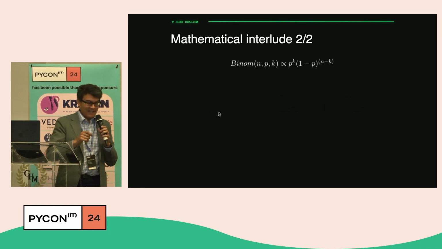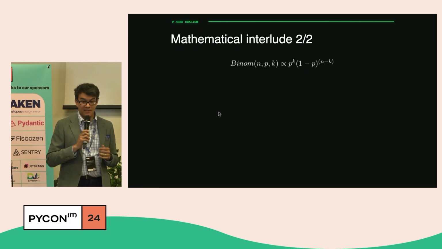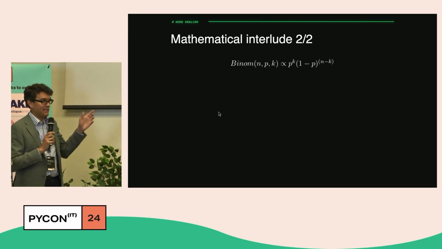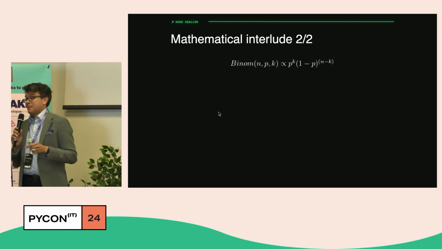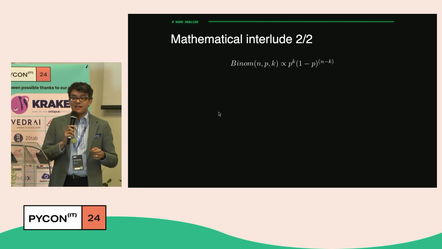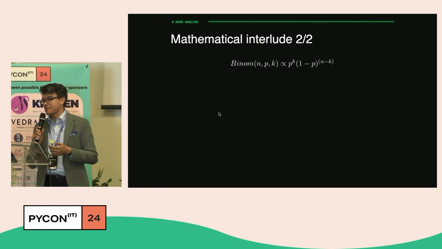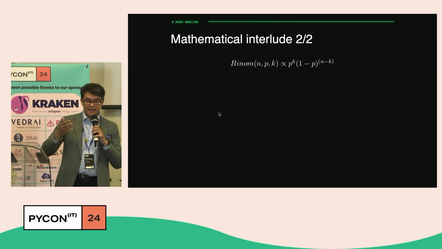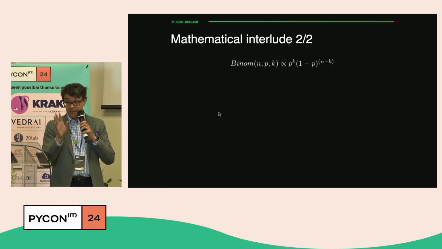Then I'm going to talk to you about two other probability distributions. The first of which, and the most important, is the binomial distribution, which describes the number of successes in a series of Bernoulli trials given a certain number of trials. Essentially, a Bernoulli trial is a yes or no process with a certain probability. We are making assumptions here.